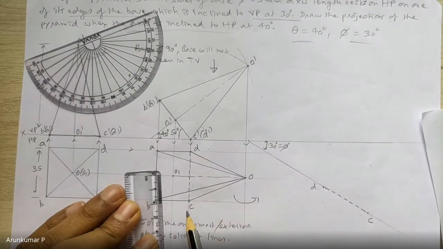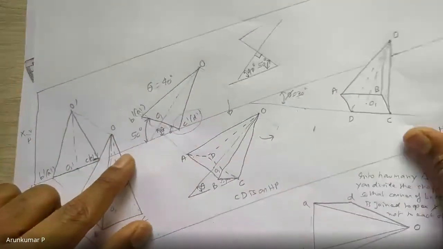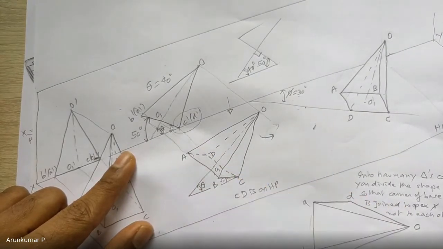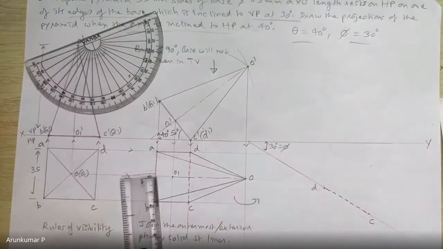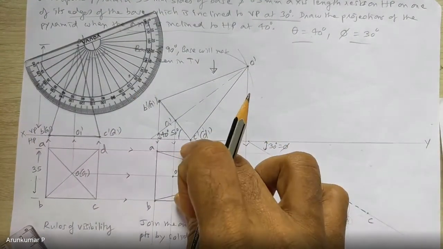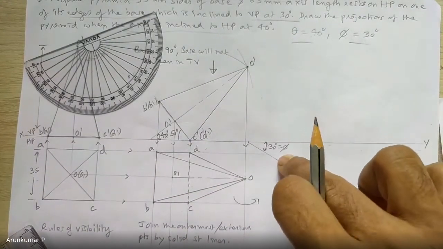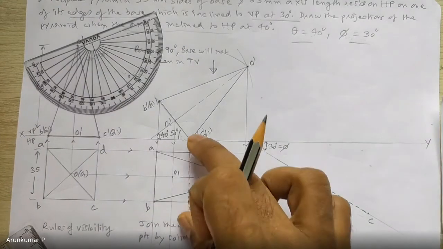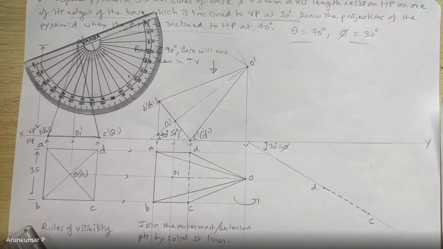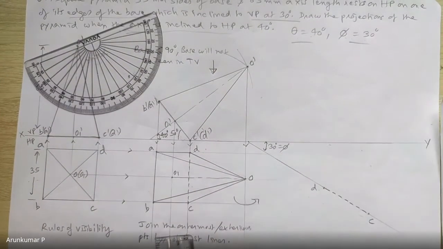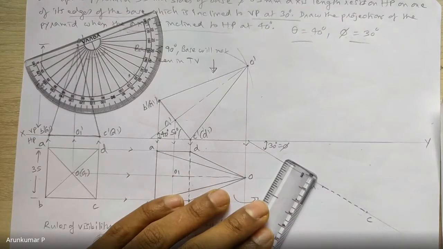Because CD is parallel to HP. If you see the 3D view, you can see here CD is on HP and it is parallel to HP. That is why CD has not reduced in its length. It was 35, it is 35. So true length you can easily keep on a true inclination. This is not a locus problem. Had CD reduced in length, then we'd have to use the locus method. In this case, we need not. Because true length 35 mm is on the true inclination. Done. No problem.